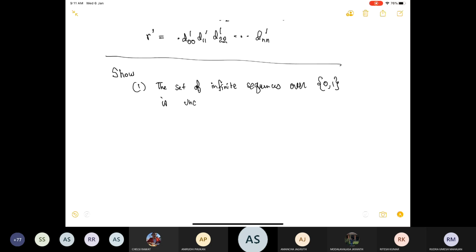It's essentially the same technique. You should show that. Number two, if you take the set of finite sequences over 0, 1, is this countable or uncountable?